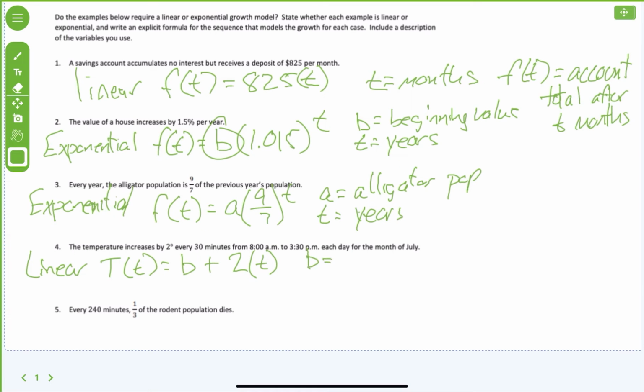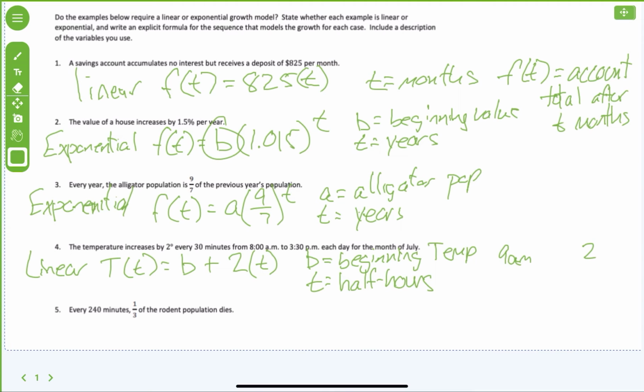So B is again the beginning temp, and T is going to equal the half hours. Like I said, for example, 9 a.m. would be 2 half hours.